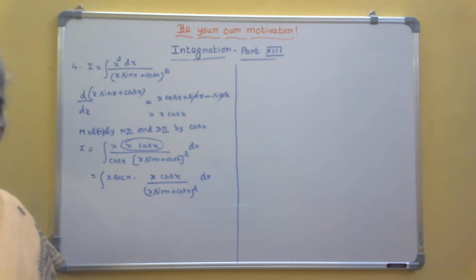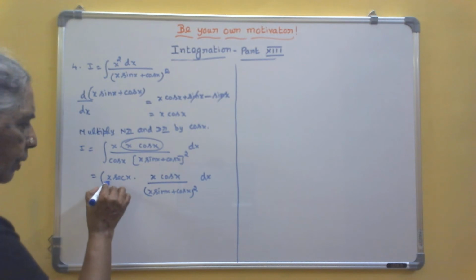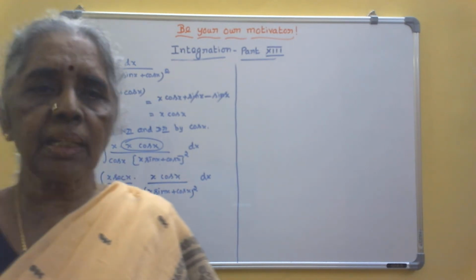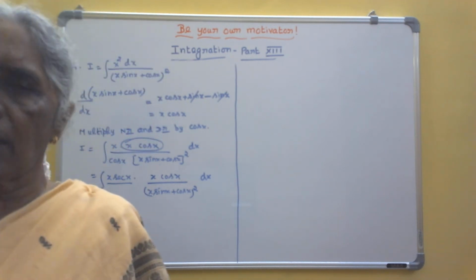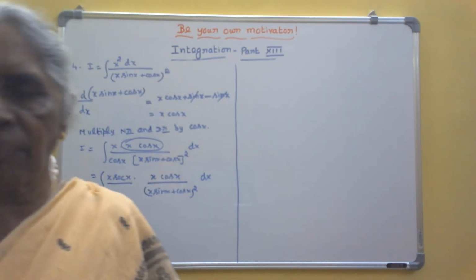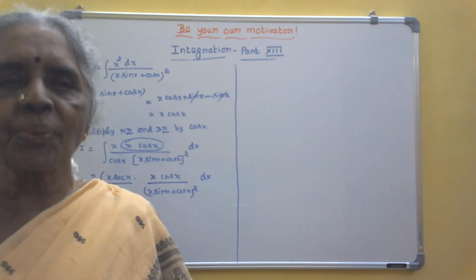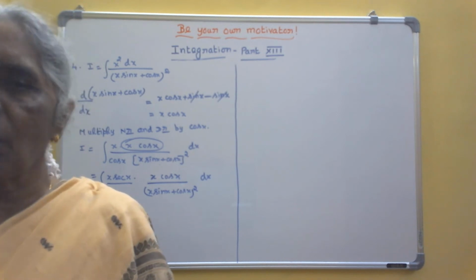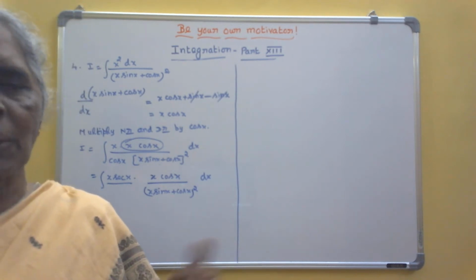Now, I don't know whether you have guessed. This part is actually a combination of an algebraic function and a trigonometric function. Here also you have an algebraic function and a trigonometric function. But I am going to use integration by parts again. So these are all some exceptions to the rule, we can say. That is why they are all special sums.